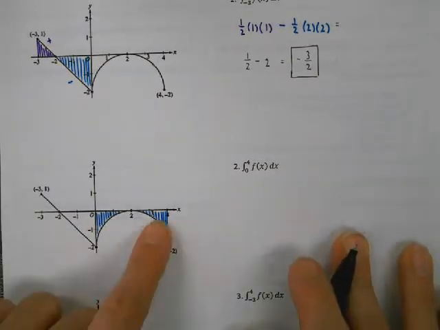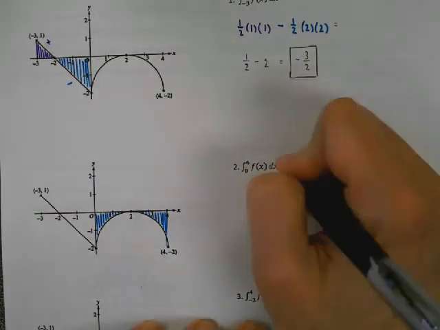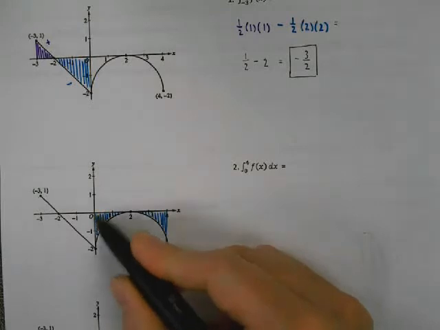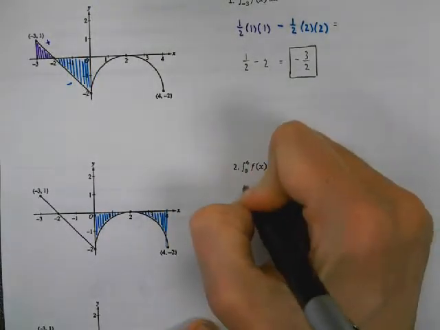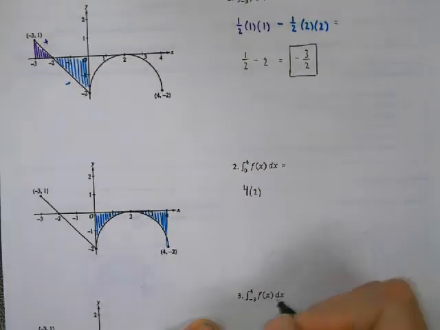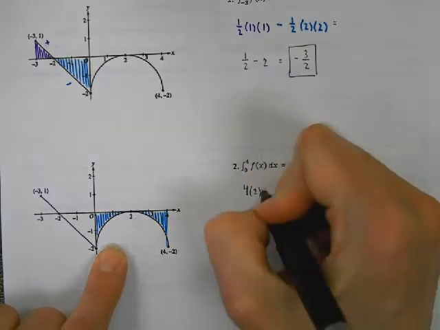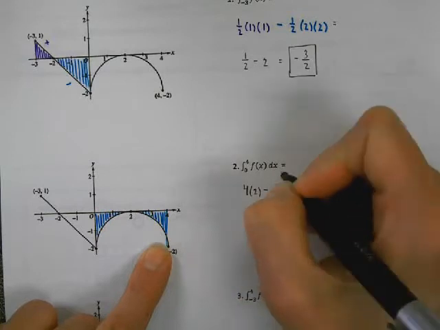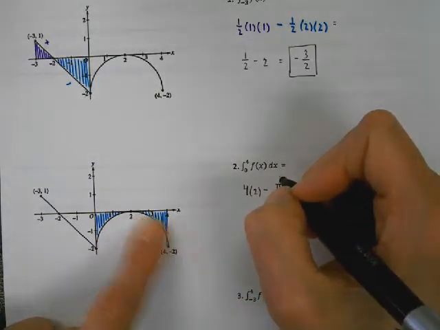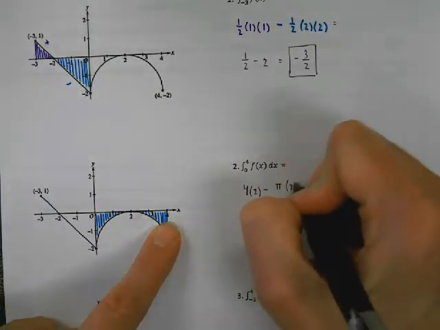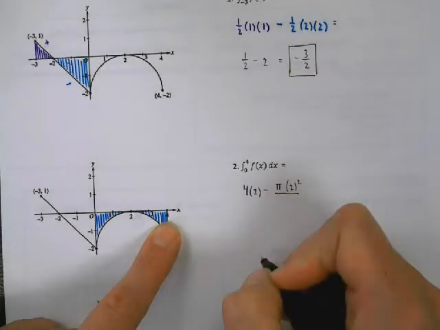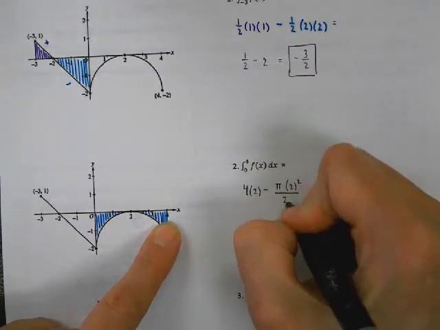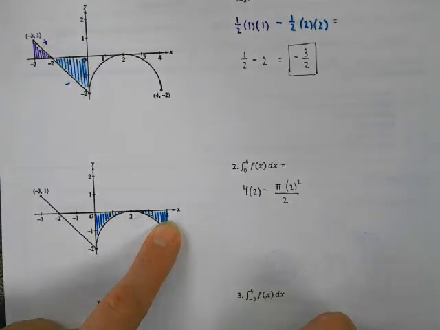So let's see what that would look like. I take the whole rectangle, which is 4 times 2. And now I'm going to subtract out this semicircle. So I have pi, and it looks like the radius of my semicircle is 2, so times 2 squared, and this is just a semicircle, so I've got it over 2. So let's see what I have.